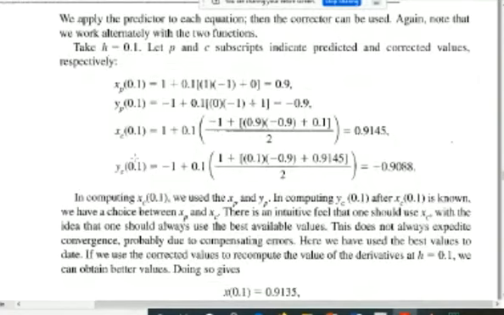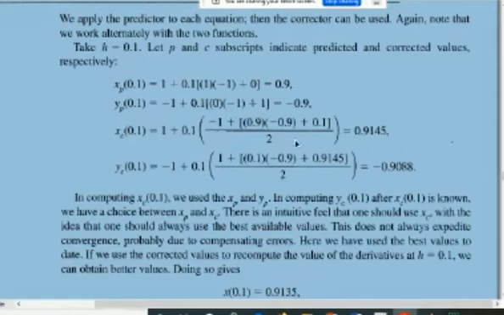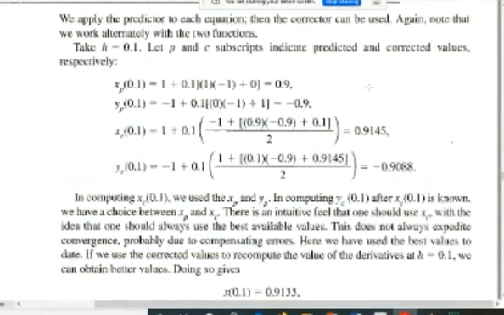And then we use the corrected values of x and y in the corrector formula, which is the x at the initial point, 4.1 is h, and 0.9 is the predicted value of x, y, and 0.1 is the values of t, as you can see here, the initial value of x, y, divided by 2 as a formula for corrector, and the corrector values of x you can see here.